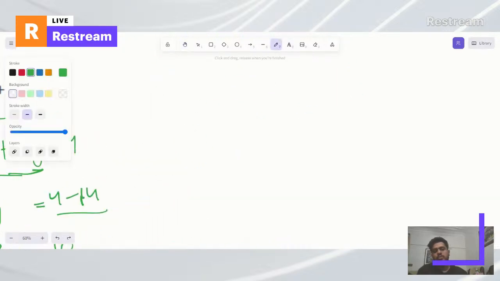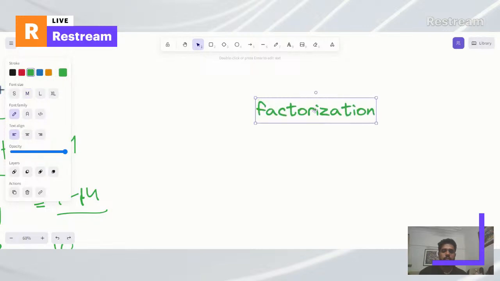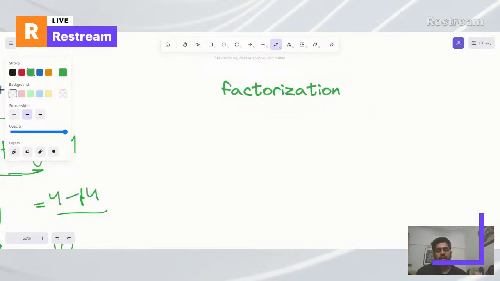Factorization, in the majority of cases, works on quadratic equations. Now what's a quadratic expression or equation? Can anybody answer me what's a quadratic expression or an equation?